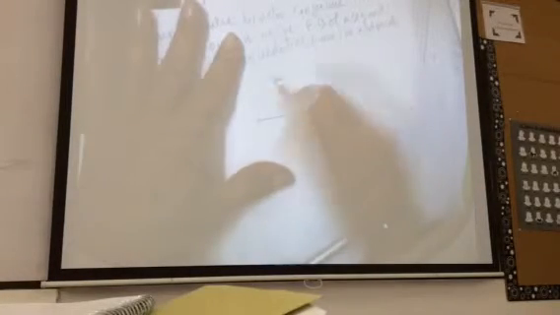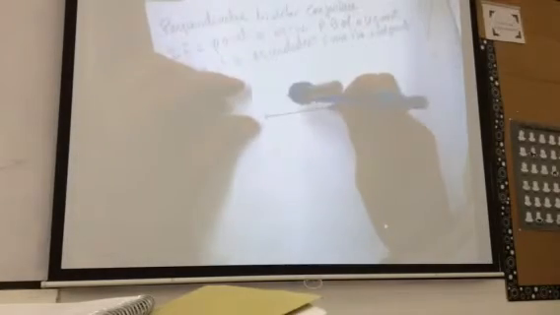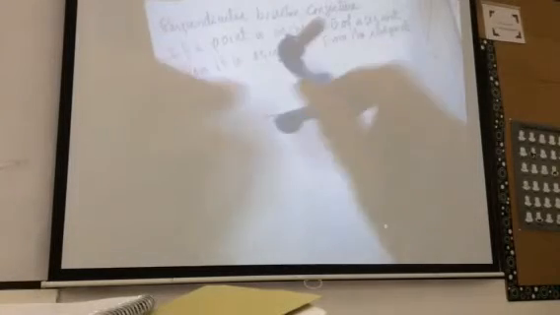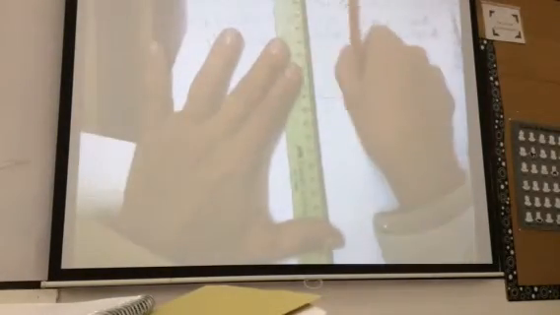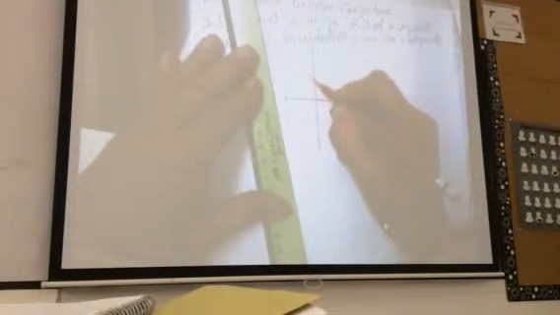So, what this conjecture is telling us is this. If you have a point that is on the perpendicular bisector, any point on the perpendicular bisector, let's say this point, it is equidistant from the endpoints.